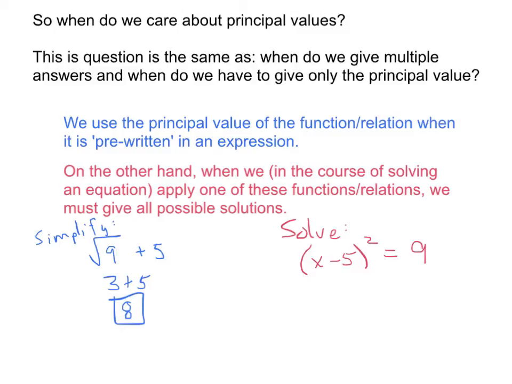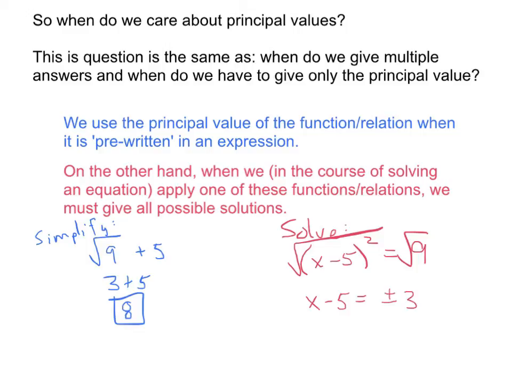Notice that in this case, there's no square root in the problem. No one has written down, hey, there's a square root and there's a multi-valued function in this problem. In this case, we are going to have to take the square root. And when you take a square root and get x minus 5 equals, here you must supply all possible answers.